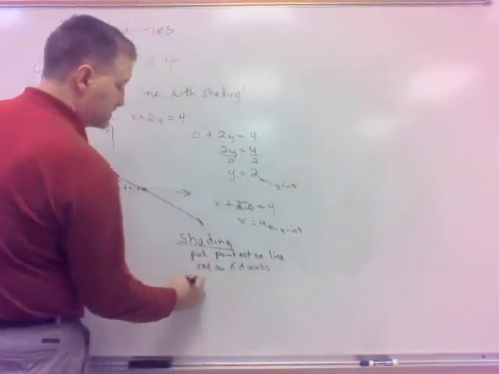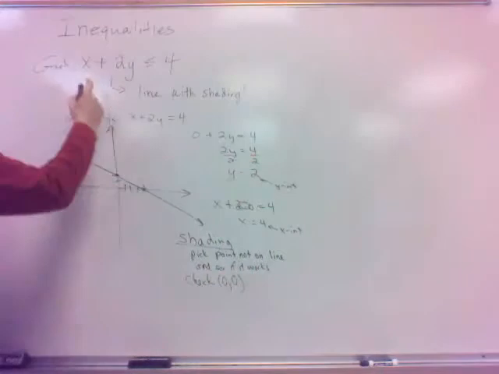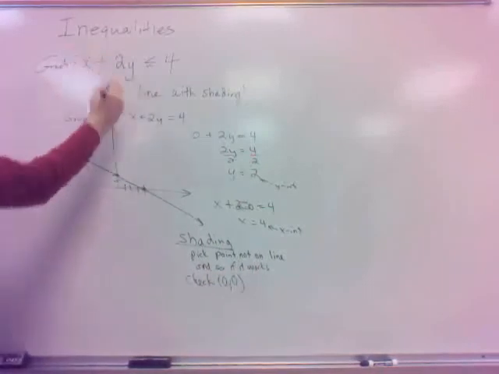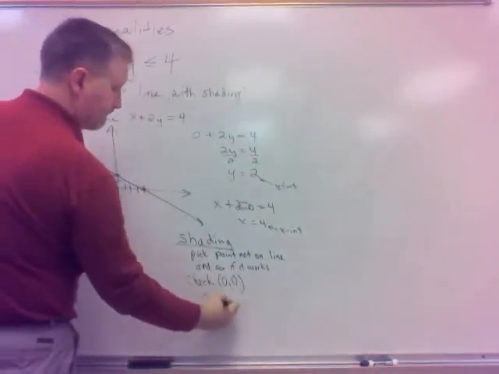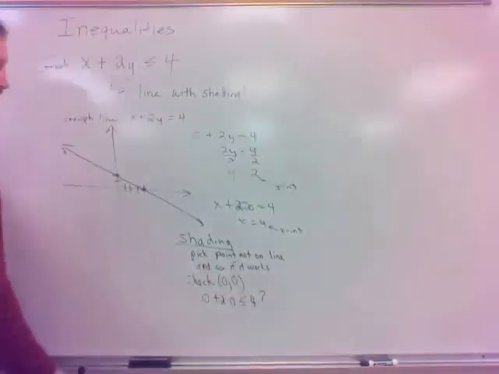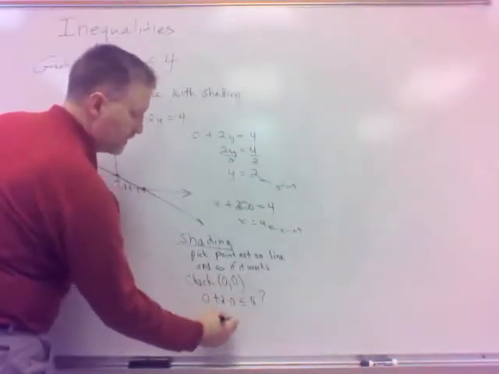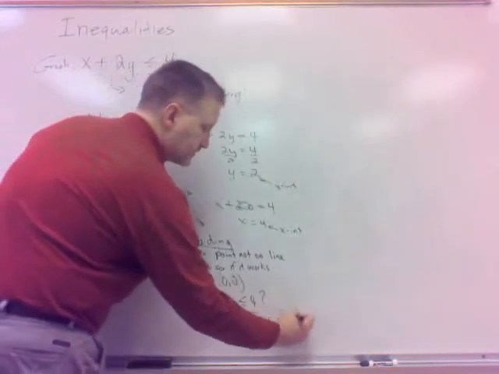All right, so let's check 0, 0 in my inequality. That's an easy one to check. It's not on the line. So just plug in 0 and 0 for x and y. And then ask, is that true or not? 0 is less than or equal to 4, and that is true, isn't it? So 0, 0 works.